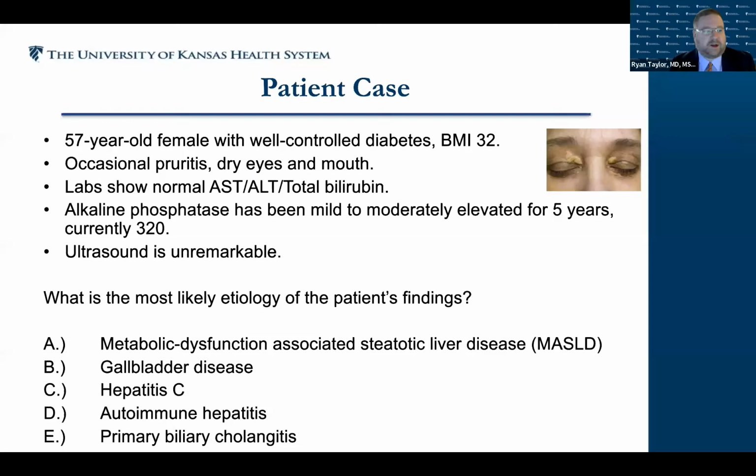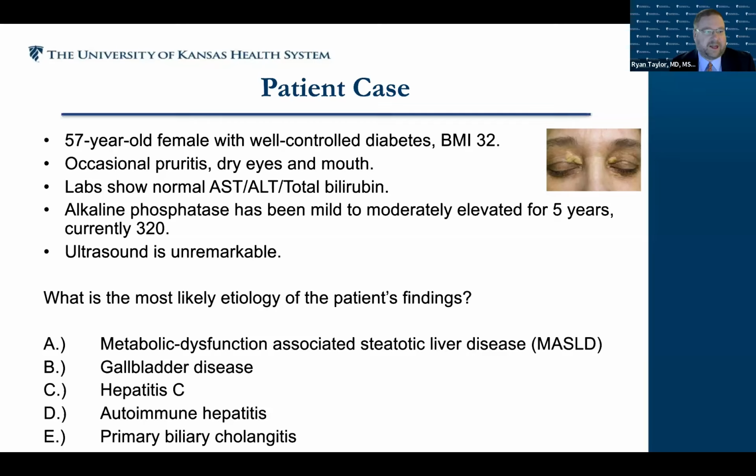Going back to our case, if you recall, this is a 57-year-old female coming in for a physical who is found to have elevated alkaline phosphatase. The astute observer sees that this patient has xanthelasma on examination and has had isolated alkaline phosphatase elevation. Immediately this should trigger thoughts of PBC.